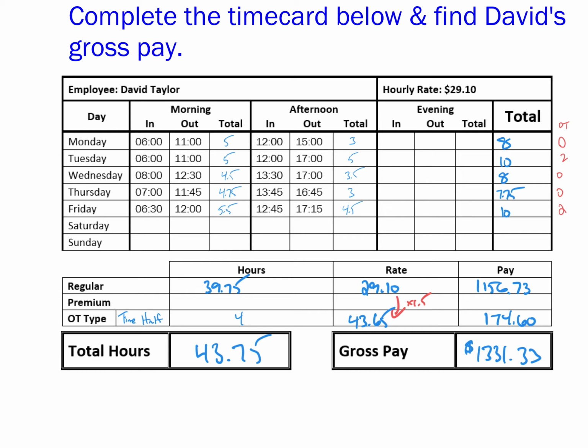And again, the difference between this question and the first one we did is that overtime was based on a daily basis and not on the weekly total. The question will always spell out how overtime is calculated. And maybe there might even be questions where there's no overtime calculated. Just because you have a job where you have an hourly rate doesn't mean that overtime is a possibility.